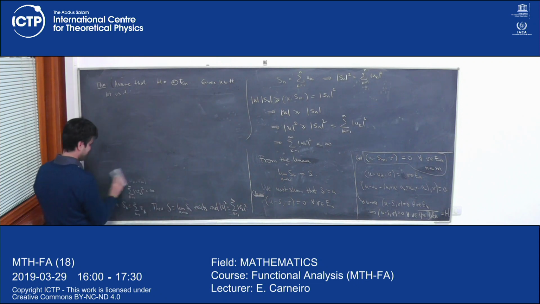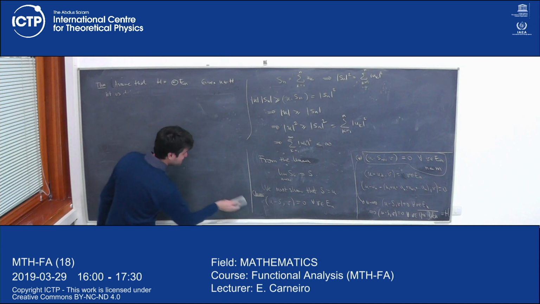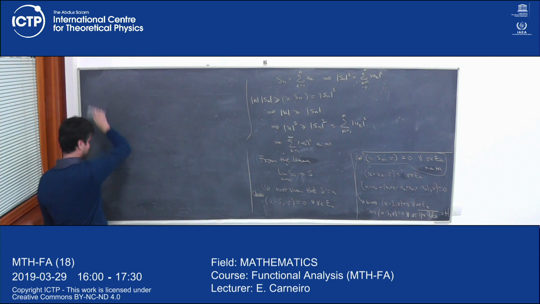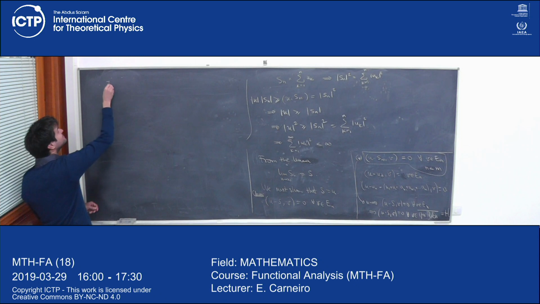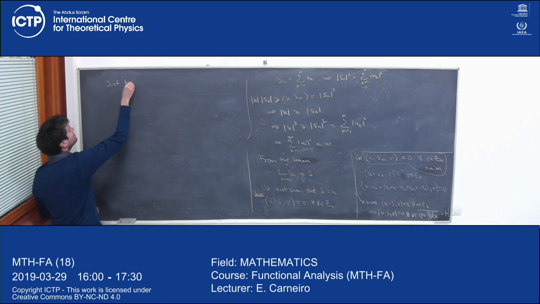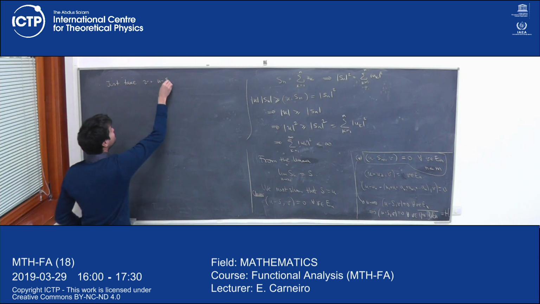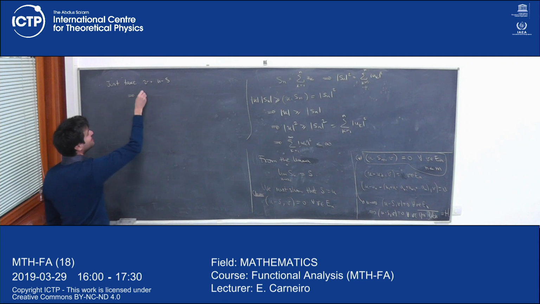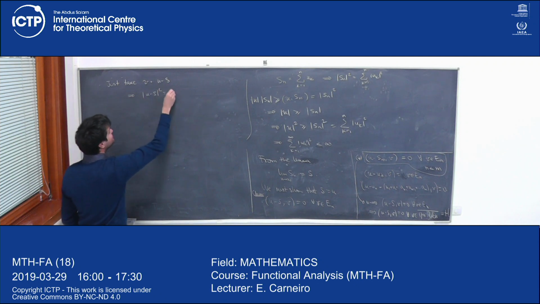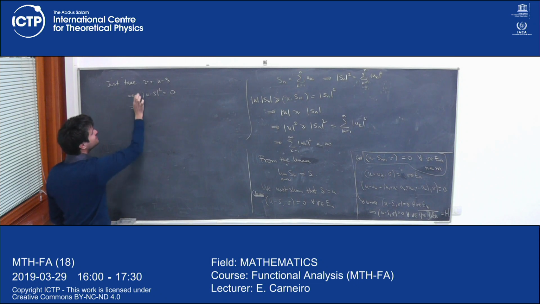Good. This implies that the norm of U minus S squared is 0, which implies that U has to be equal to S. Okay?